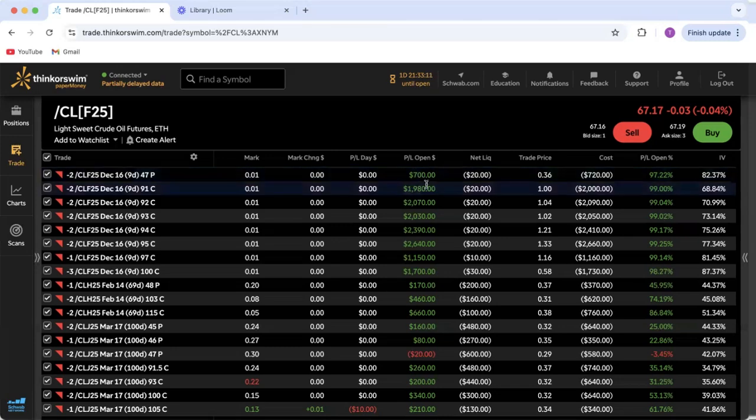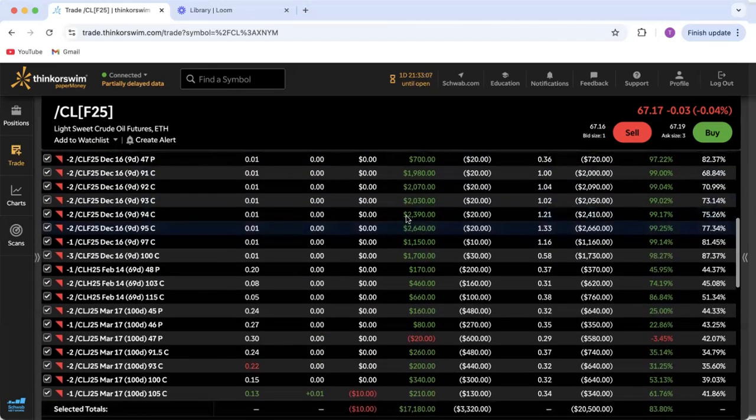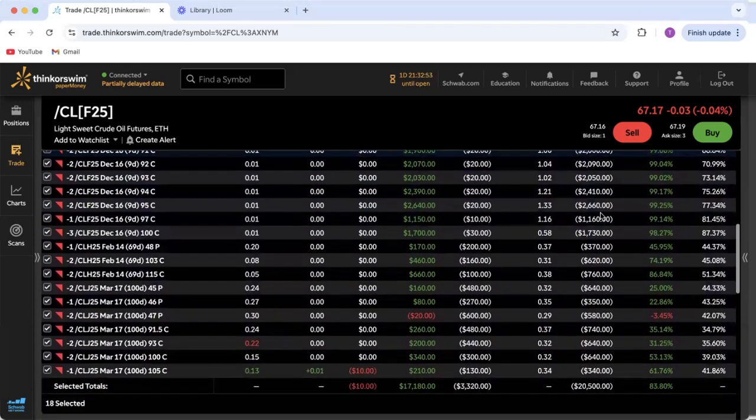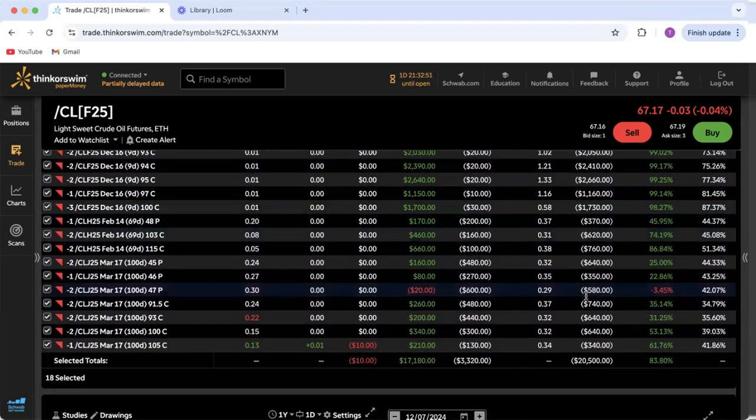All right. So if you scroll down just a little bit to the bottom of the screen, take a look at the column with all the parentheses around them, the cost column.